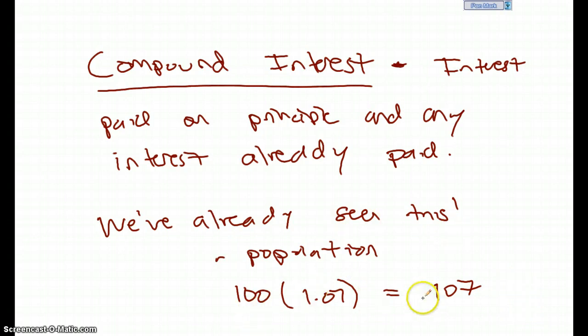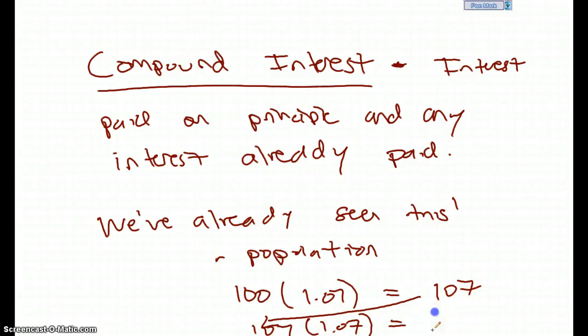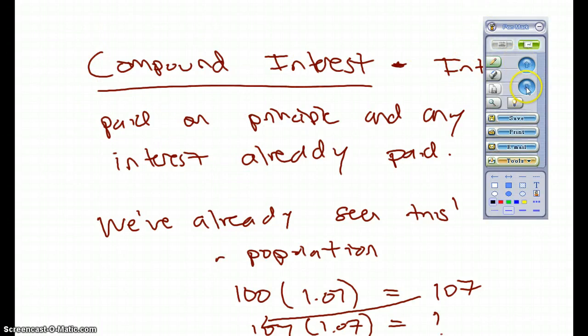If that 7% growth continues, we know that 107 will be the next thing that gets grown by 7%. So the amount will be slightly bigger than 7 people. I don't know what this is right off the top of my head, but point being, we've already done compound interest. And compound interest itself is an exponential process.